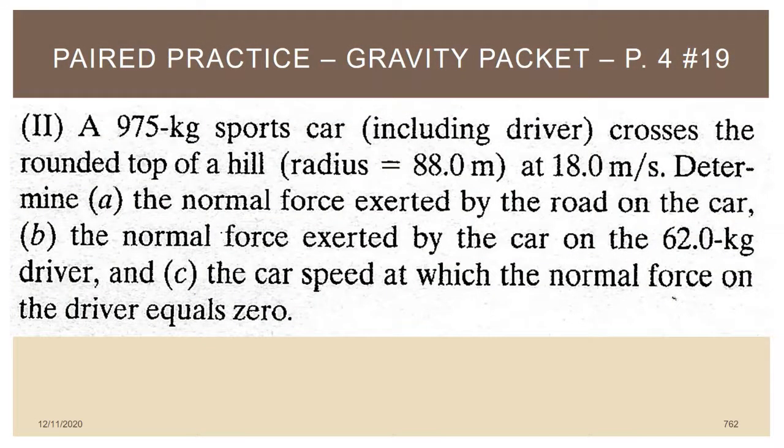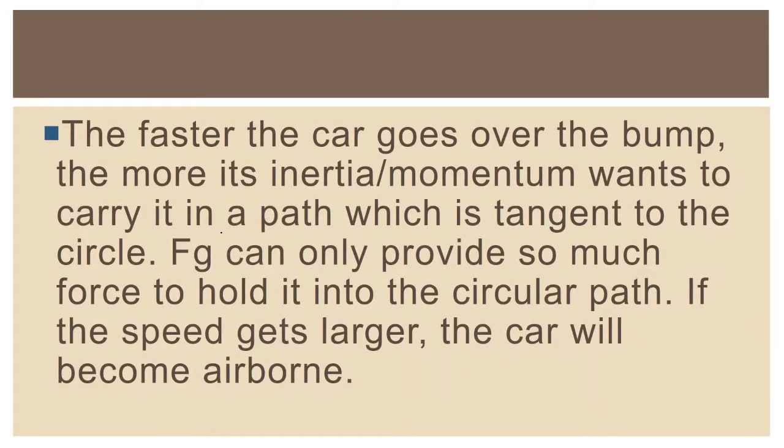Now, part C sort of gives away the game. I think I want to have us write a little note about this one before we actually go ahead and do it. But notice here for C, it says determine the car speed at which the normal force on the driver equals 0. This is a very important thing here.